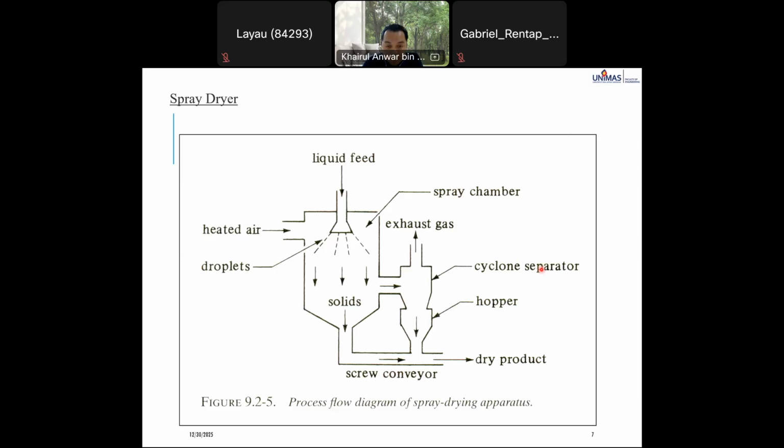For this case, it's co-current. Liquid coming from up, put in here, turns to solid, solid goes down, the heated air goes to the exhaust gas. Here there's a cyclone separator. Some of the solid will go through here to the hopper.